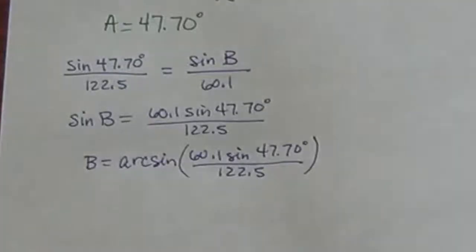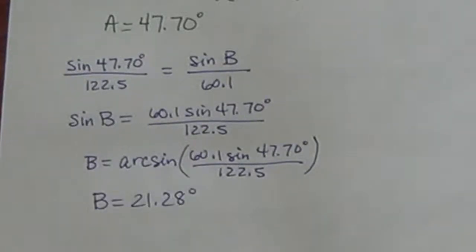So B will equal the arc sine of 60.1 sine of 47.7 degrees divided by 122.5. Again, plugging this into the calculator, we will see that B is going to equal 21.28 degrees.